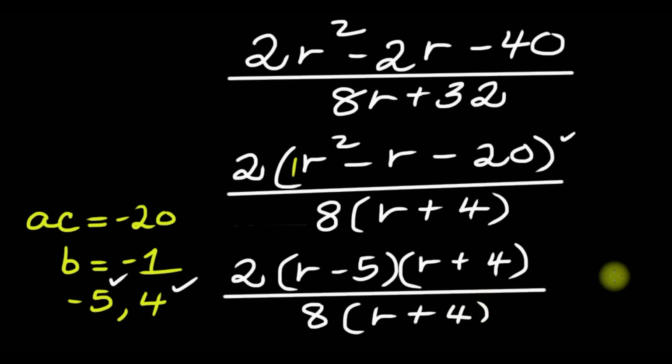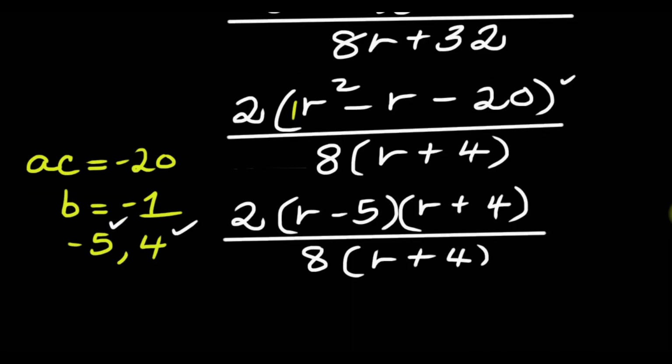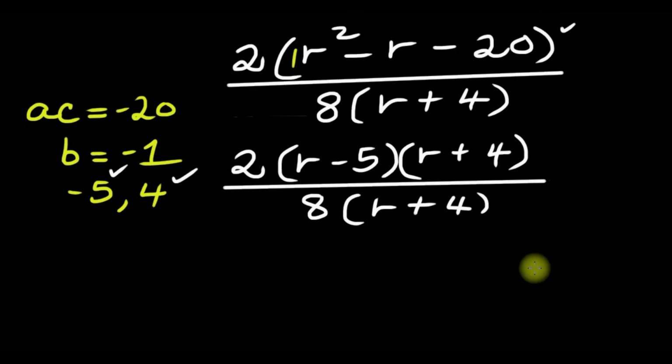Okay, that is the first thing you have to do. Factor everything that can be factored, and we did that. Now we have to eliminate common binomial factors. So it looks like r plus 4 here, and then cancel with r plus 4 here.